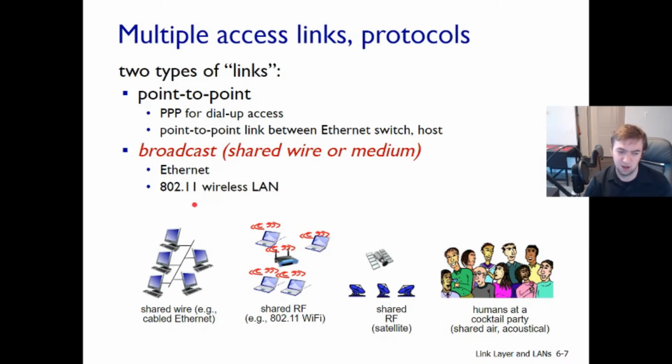So cabled internet, you can see on the left here, shared radio frequency like Wi-Fi, a shared radio frequency like satellite, or people at a cocktail party just talking in the air all at the same time.